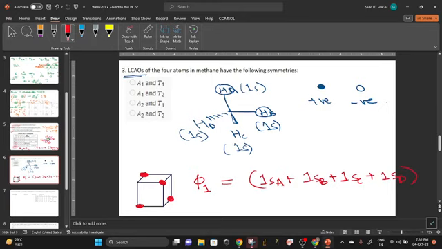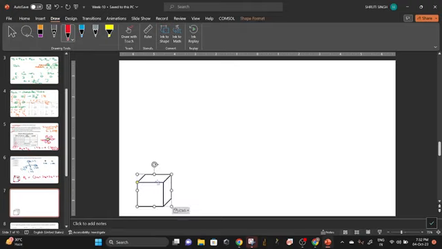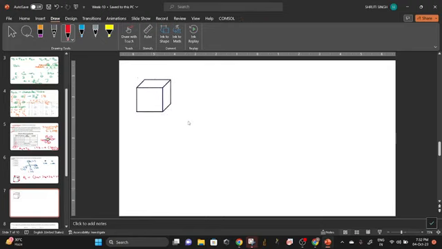The next possibility is that 2 will be in positive phase and 2 will be in negative phase. So here these 2 are positive and here it is negative.